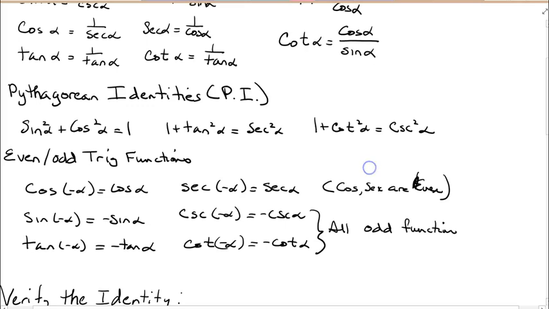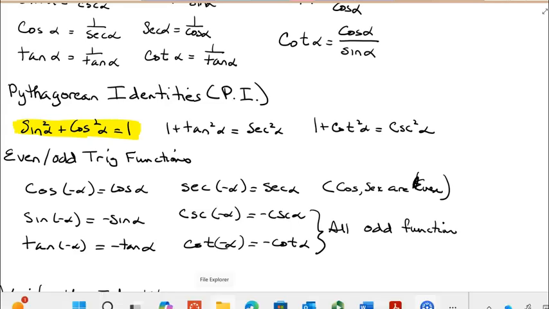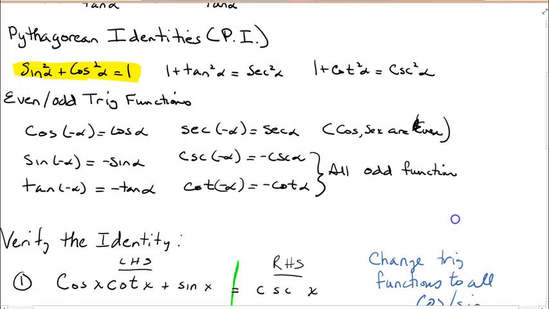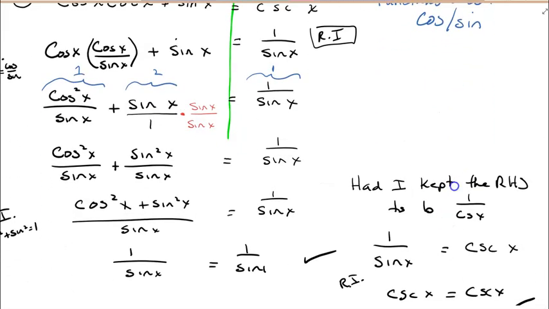There they are. And I'm highlighting sine squared plus cosine squared equals 1. Well, remember my problem had 1 minus cosine squared. Apologize again for the dogs barking. So, if I do 1 minus cosine squared, wouldn't that indeed equal sine squared?